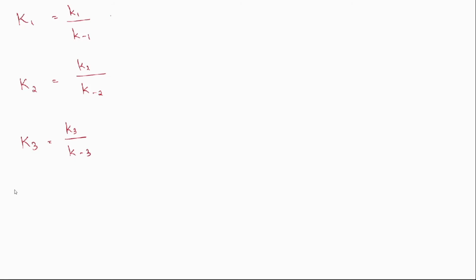We have been given the values for k1, k minus 1, k2, k minus 2, and k3. So we can substitute these values here and find the corresponding equilibrium constants.